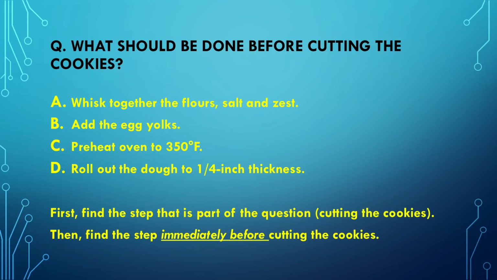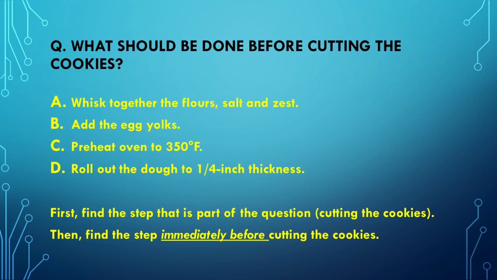So let's see the question again. What should be done before cutting the cookies? In order to answer that question, first, find the step that is part of the question, and in this case, cutting the cookies. Then, find the step that comes immediately before cutting the cookies.